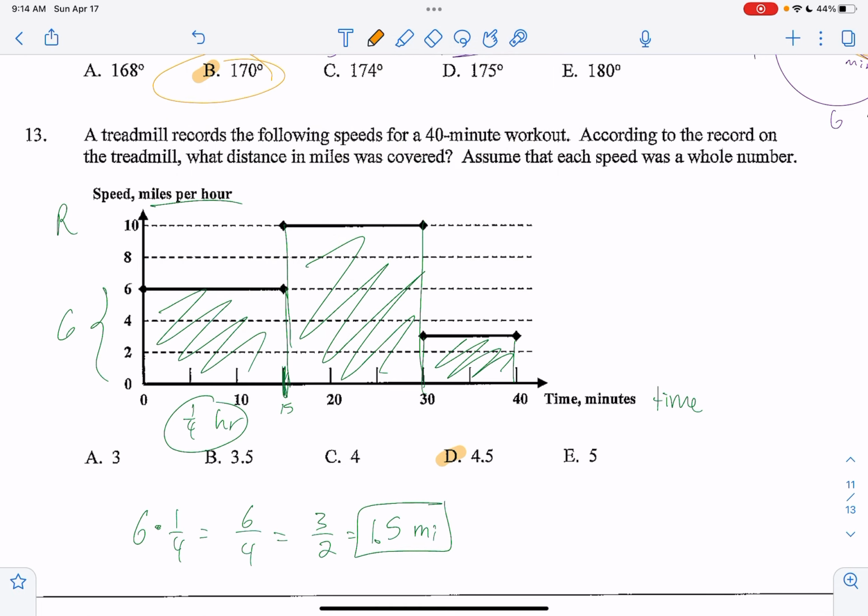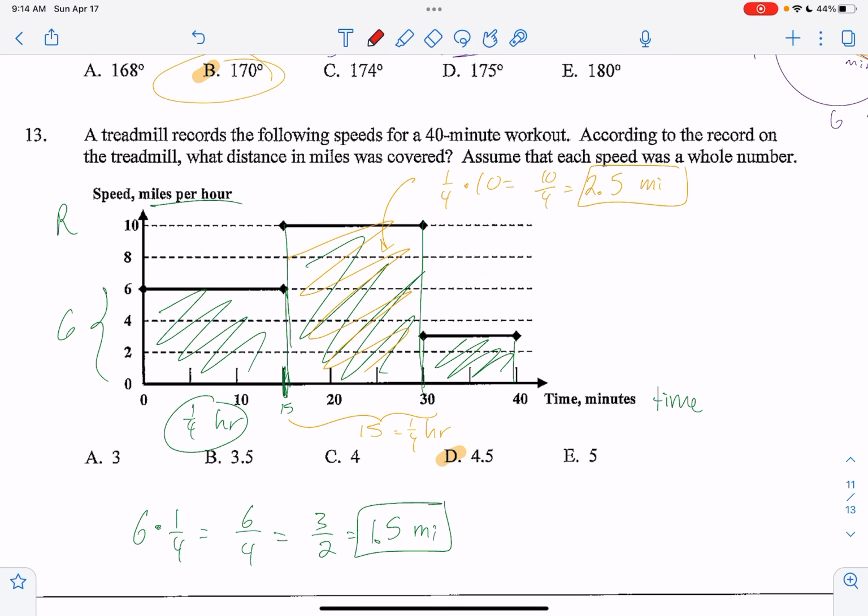The middle box will be from 15 to 30, which is another 15, or 1/4 of an hour. This time we want to multiply by 10. This will be 1/4 times 10, which is 10 over 4, or 2.5.